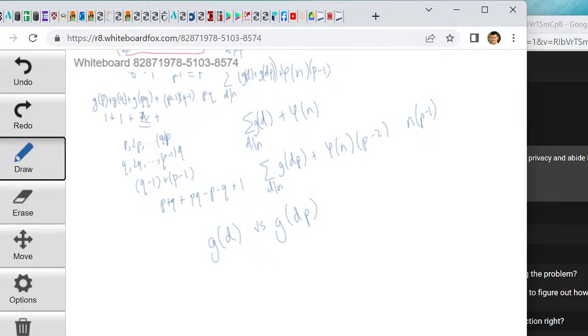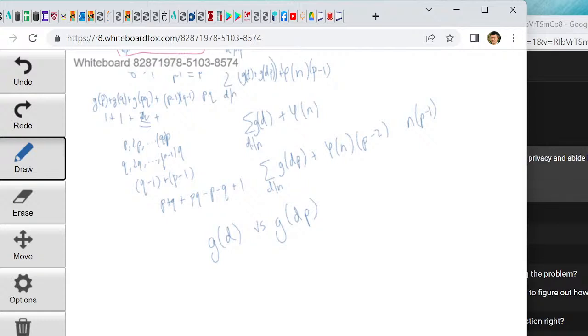So actually it also counts, like if there was a prime q that divides d, it would also count the extra multiples of q.